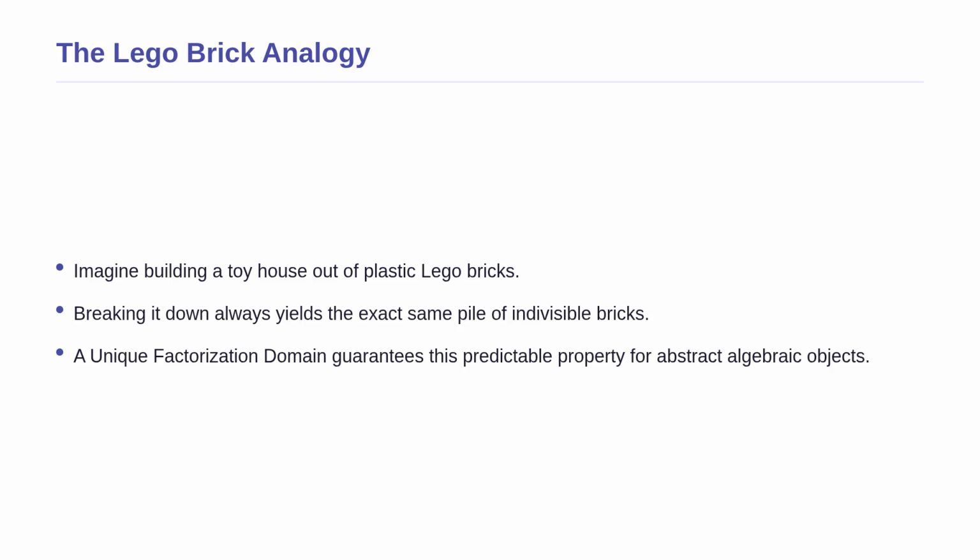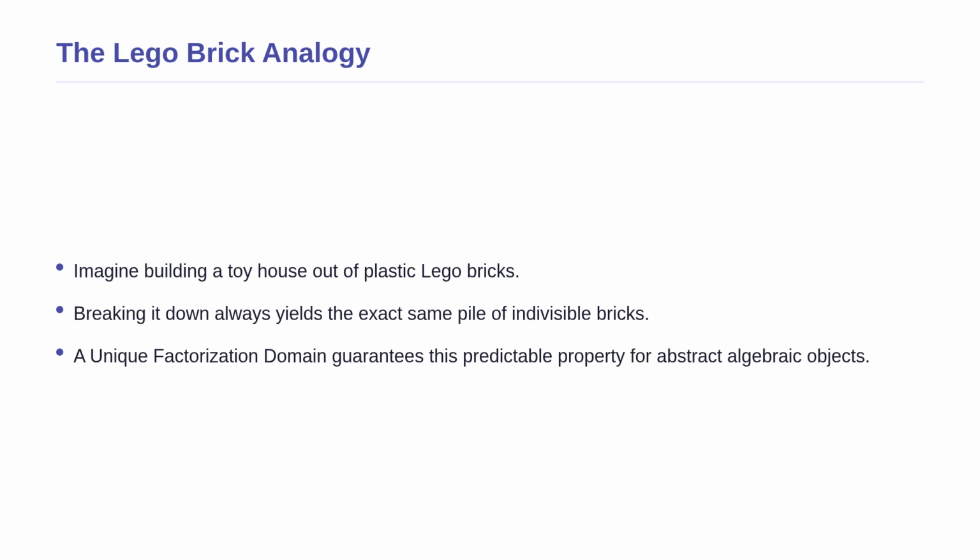To begin our journey, imagine you are building a toy house out of plastic Lego bricks. No matter how you assemble a specific wall, if you break it down into its absolute smallest indivisible Lego bricks, you will always end up with the exact same pile of bricks. You might take them apart in a different order, but the final count of red, blue, and yellow bricks remains identical.